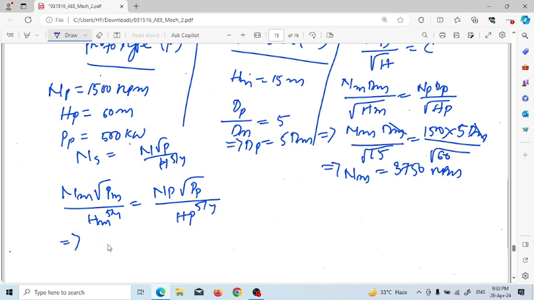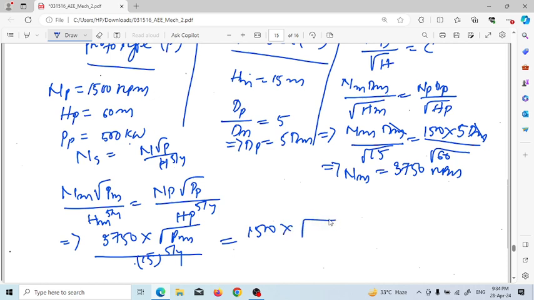So given Nm is 3750, and power of model we have to calculate, and Hm is 15 power 5 by 4 is equal to Np given 1500 rpm, power of prototype is 500 kilowatt, and Hp given 60 power 5 by 4.